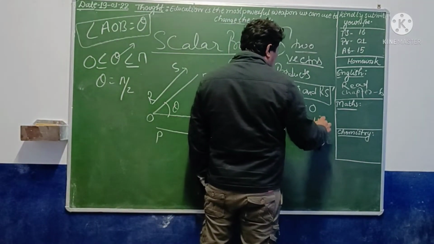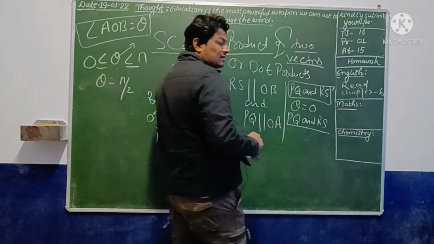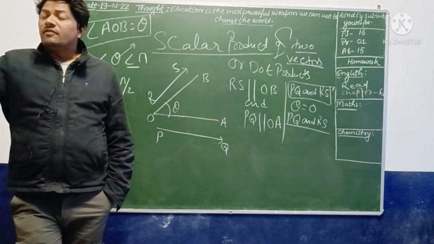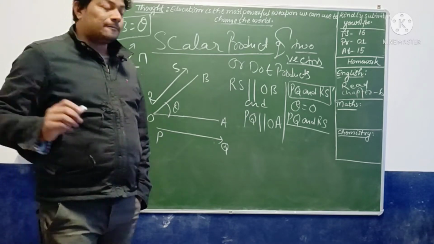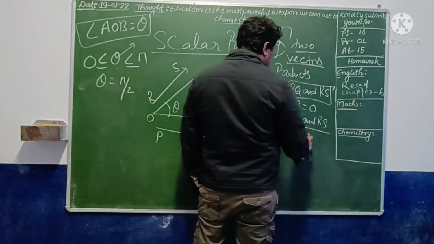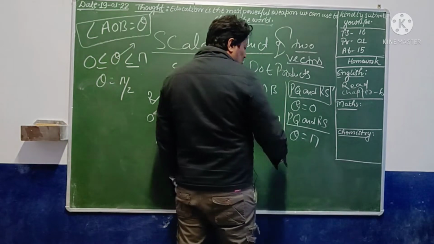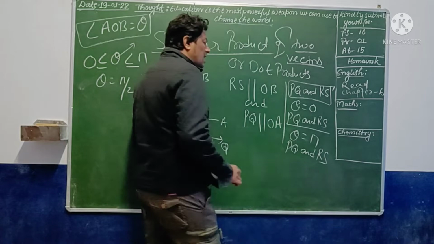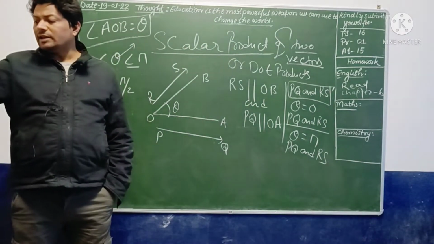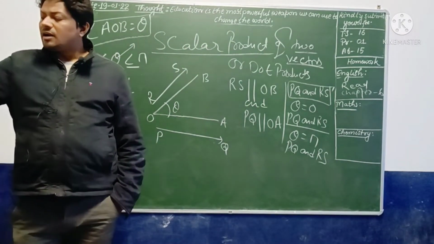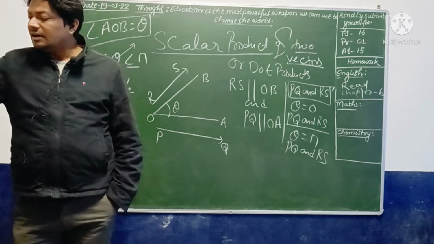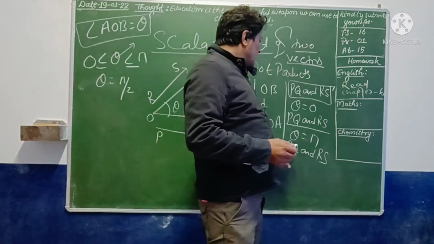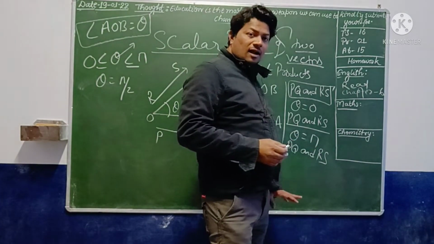When theta is equal to pi, PQ and RS are unlike vectors.